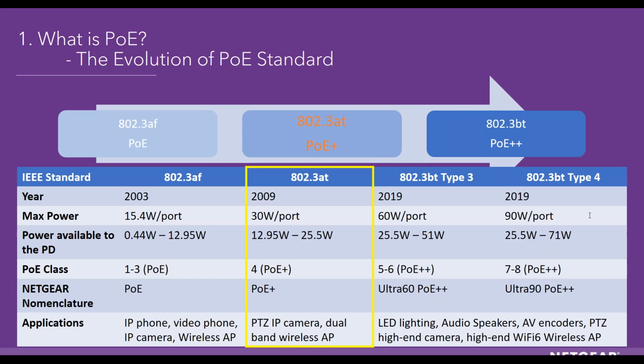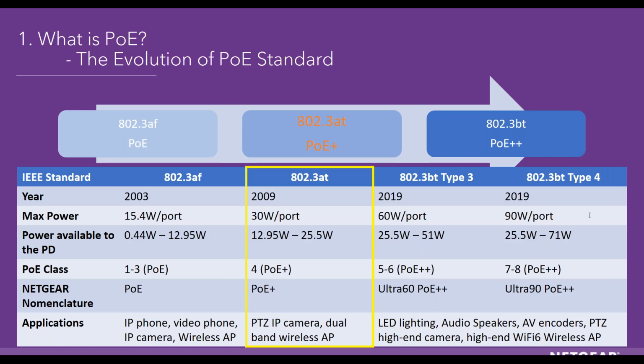Also, each PoE port is completely independent, meaning that if one port fails, you can still use another port on the PoE switch to power up your devices and get the data connectivity. And you get centralized control to manage the power to the device from a centralized switch. So those are the benefits of deploying PoE.